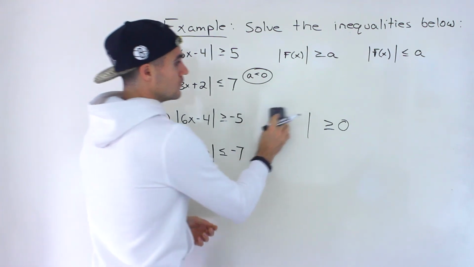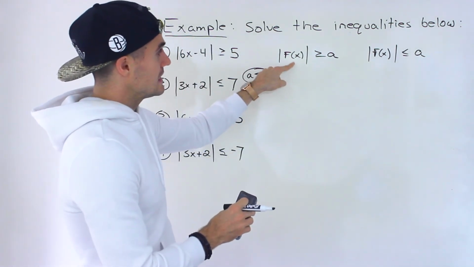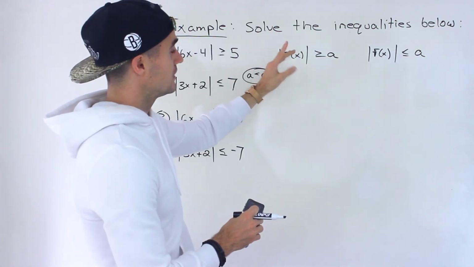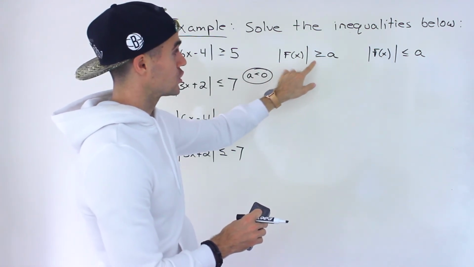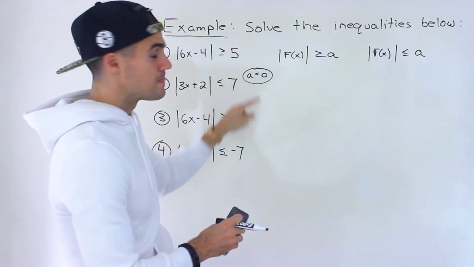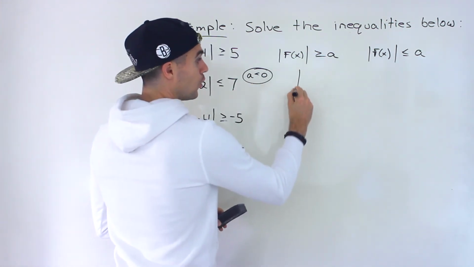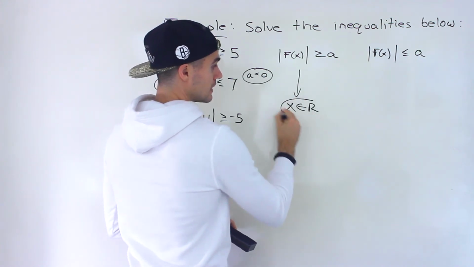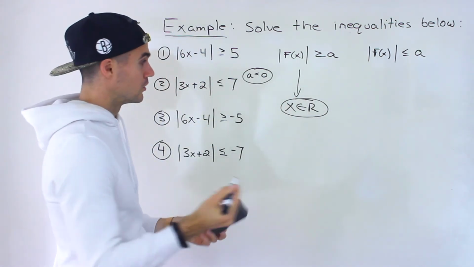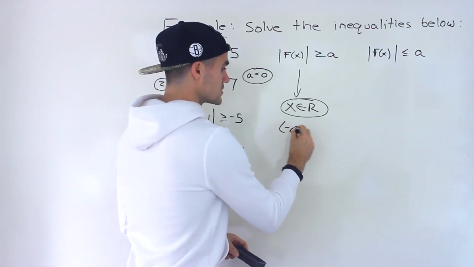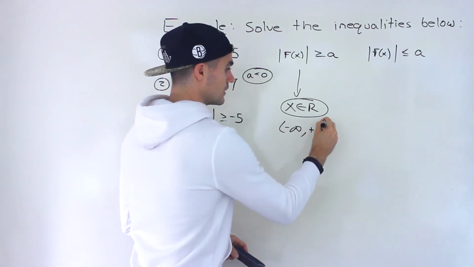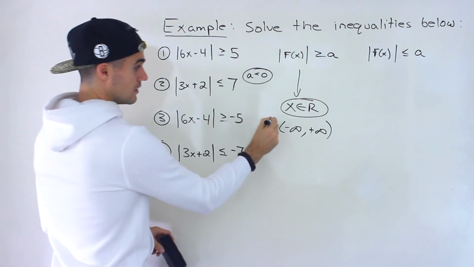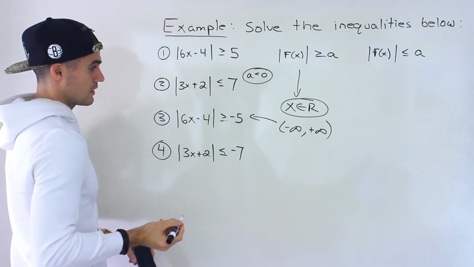And so when is the absolute value of a certain function greater than or equal to a negative number? Well, it's always going to be that. And so the answer to this is always going to be x can be any real number. Or in interval notation, x can be from negative infinity to positive infinity. And so that's the answer to number 3.